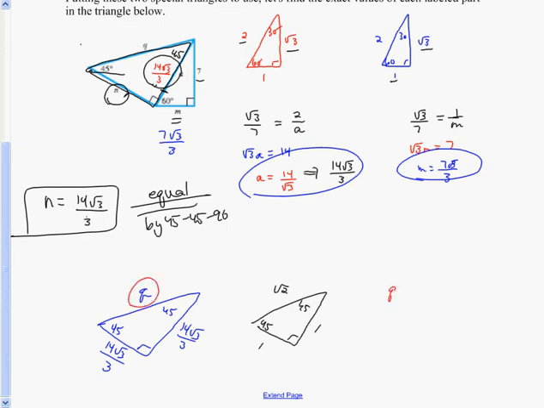Q is to the square root of 2 as 14 square root of 3 over 3 is to 1.